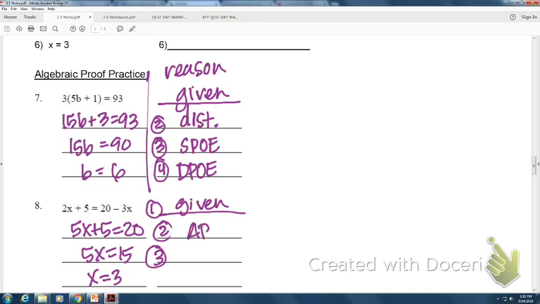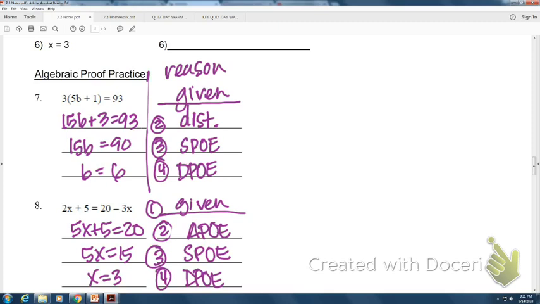So that's APO. Depends on what order you did it. Then it would have been SPO. So just like PEMDAS, how addition and subtraction go together and multiplication and division go together. Okay, if you flip them in the order of your proof, it's okay because they are interchangeable. Okay, and then my last step. DPO. Questions on number 8.